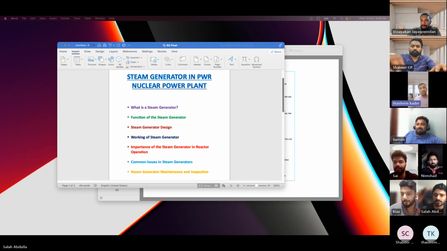After the main feed water pump, there is a high pressure heater used for heating this coolant. After that, it goes directly to the steam generator again.